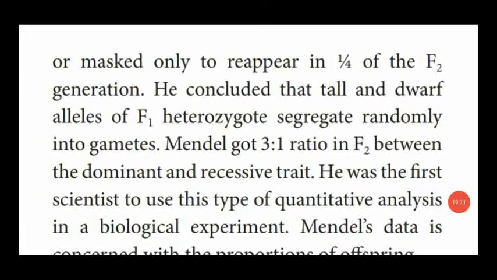See the line given here: the recessive trait does not disappear, but it will reappear in the F2 generation. For example, if you take 1%, meaning a quarter percentage, of the recessive character is expressed in the F2 generation.